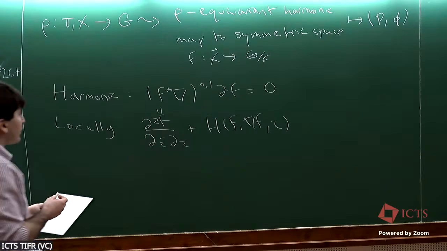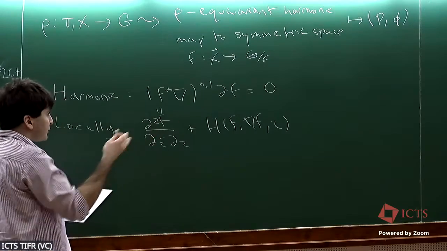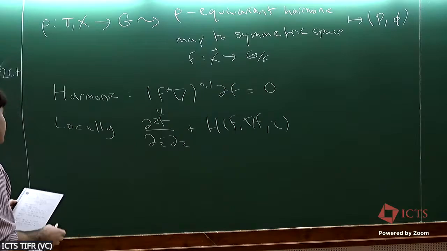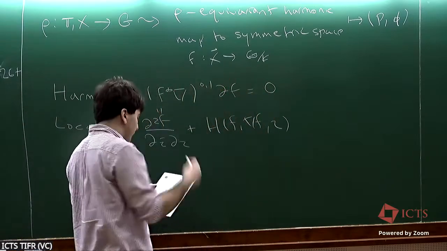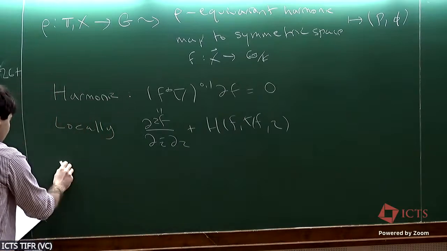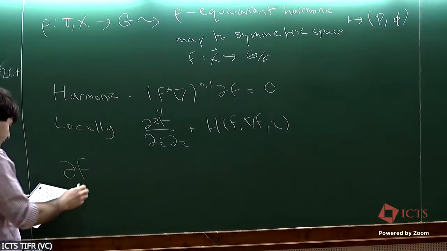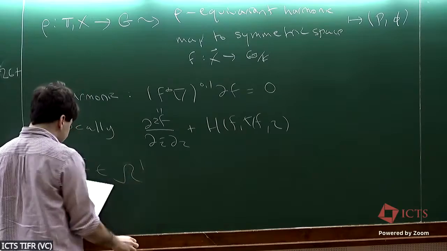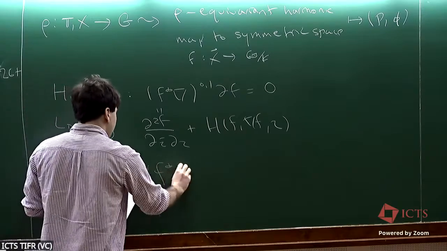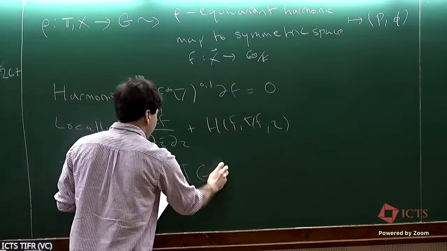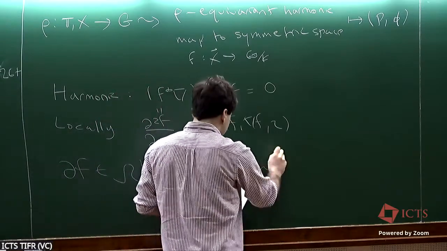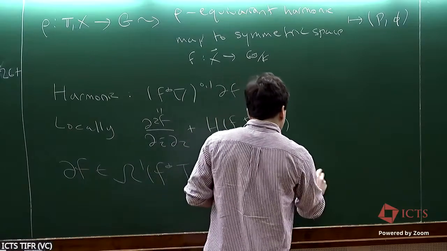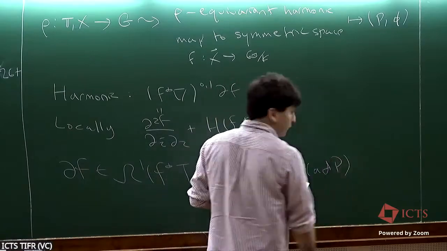Okay, so once we have the harmonic map, the Higgs bundle is just some data you associate to it. So P is obtained by pulling back and complexifying a bundle over the symmetric space. And then to get phi, one takes del F. And so this is a 1-form valued in the pullback of the tangent bundle complexified. And this identifies, at least assuming my group is complex, with 1-forms in the adjoint bundle.